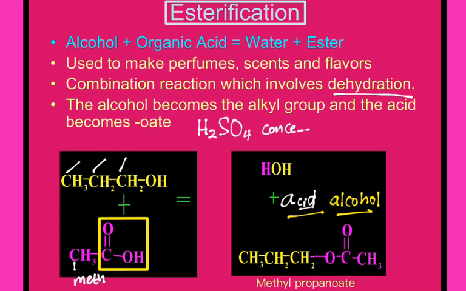So this reaction is a reaction between alcohol and carboxylic acid, and the catalyst is concentrated sulfuric acid. We good? The acid will donate the H. The alcohol will donate the OH. Your product is water and ester.